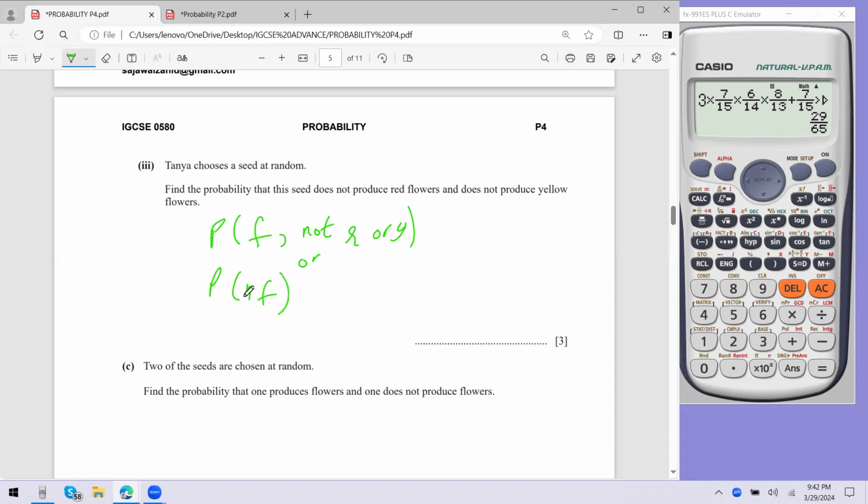Okay, because no flower will also be considered. This is a little trick, I think. Does not produce yellow flower, that might mean no flower at all, right? It might be a trick. So let's try to do both cases.